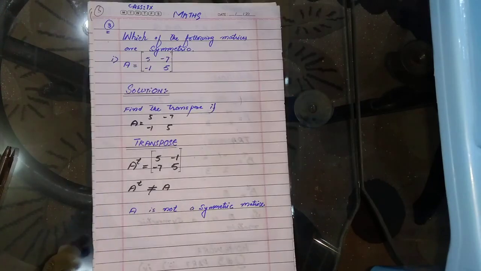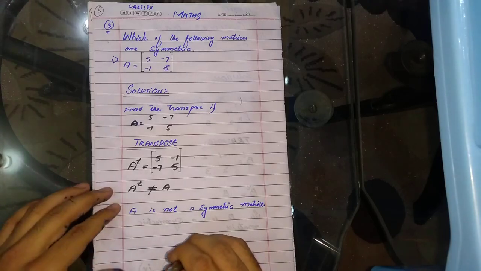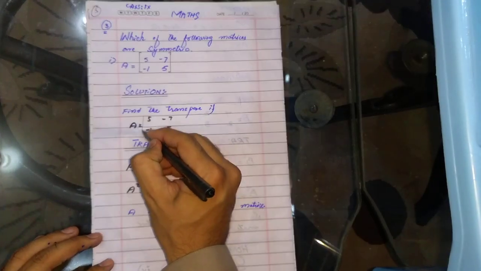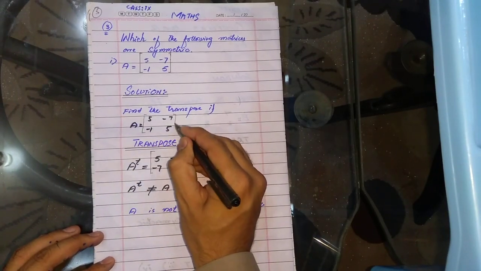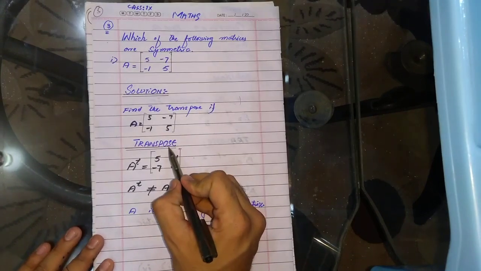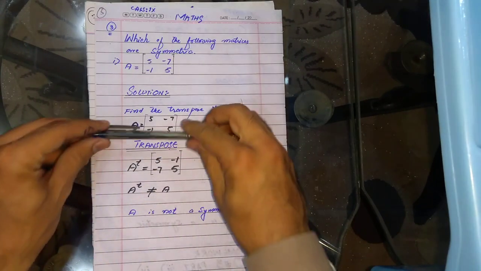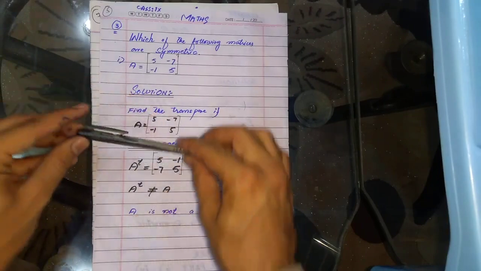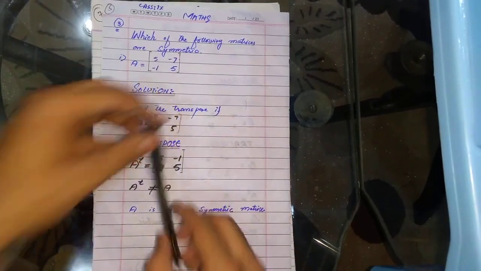Okay student? Over to question number 3, and the page is the same, that is 12, exercise 1.2. He is asking which of the following matrices are symmetric. The symmetric property is related to the transpose of the matrix. So look here student, this is our matrix A. First you have to calculate the transpose. First row is interchanged with first column and second row with the second column.